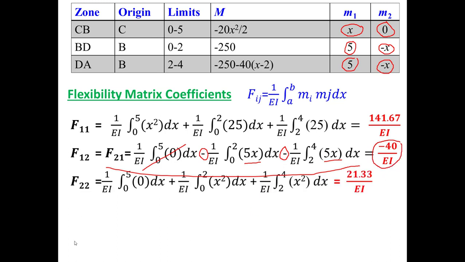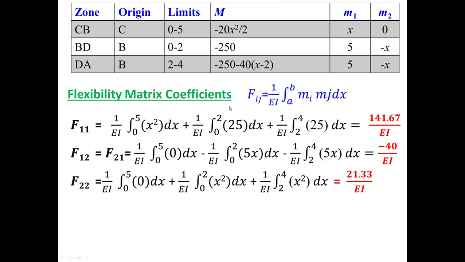Okay. Similarly, now we can calculate F22. F22 is equal to M2 into M2. So first zone it is again 0 because M2 column first element is 0. Now in second zone element is minus x. Minus x into minus x, it is plus x square. So second integration is plus x square.